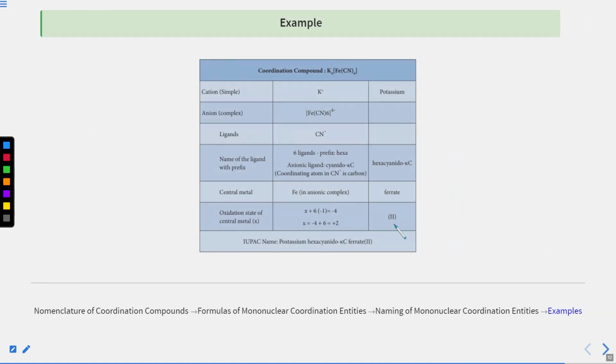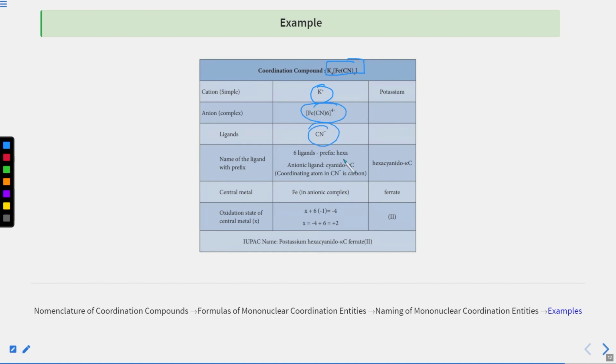Now next, let us see an example here. So we have an example, that is K4[Fe(CN)6]. Now let us try to name it. So first of all, the counter ion is 4 K+. Therefore, inside this complex, this is negatively charged. This [Fe(CN)6] overall has a charge of 4 minus because the counter ion is positive. The anionic complex is this. What is the ligand? It is CN-.